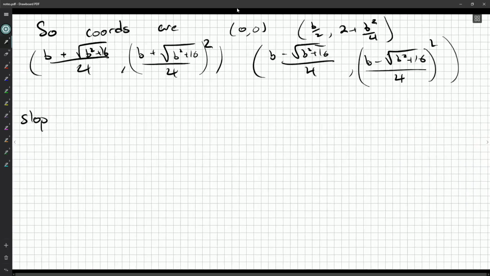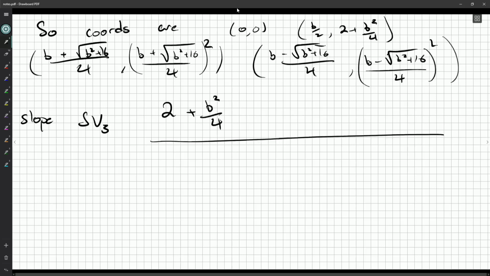Slope S to V3. I really hoped that more would pop out, specifically maybe some of the b's would eliminate, but it looks like they're going to have to be eliminated here. So 2 plus b squared over 4, and immediately, just so my order doesn't get messed up, I'll do b over 2 here. Minus b over 4 plus... Oh, I'm doing the... Yeah, this one's S, this one's R. Okay.